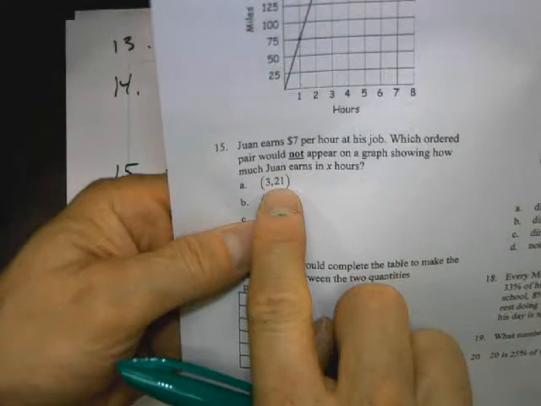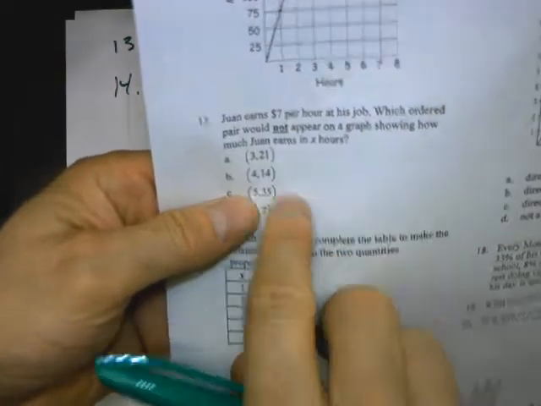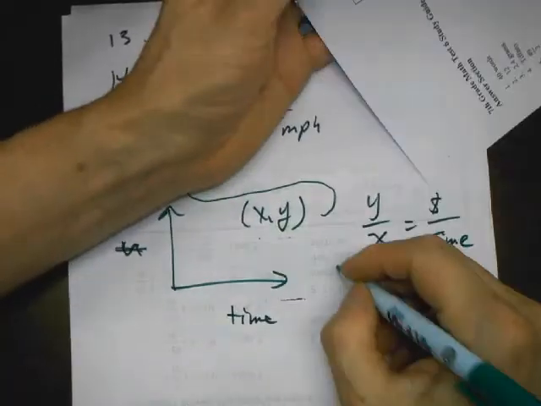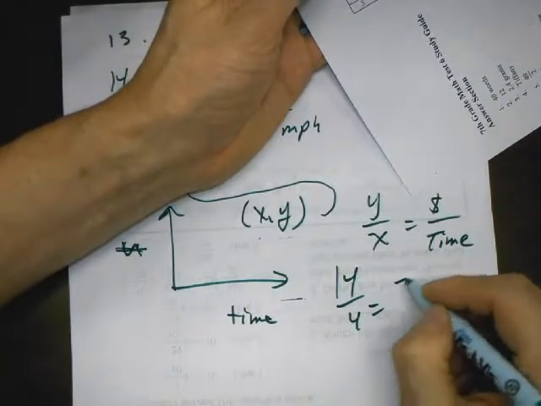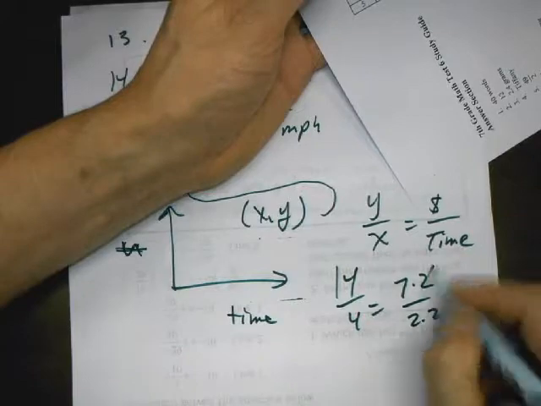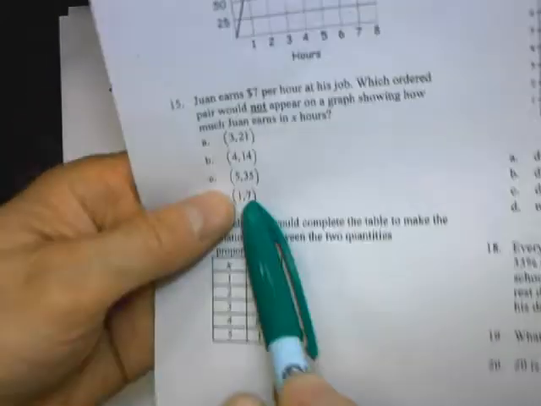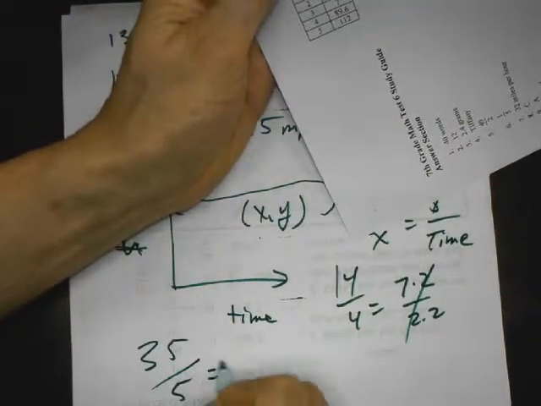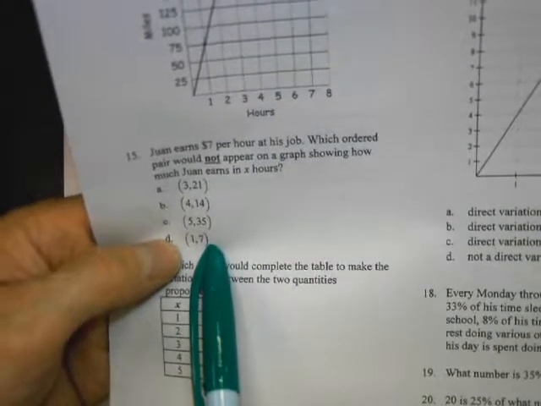If I'm looking at 21 over 3, that's 7. 14 over 4, let's think about that. Let's reduce that. That's not 7. 35 over 5, well, 35 divided by 5, that's 7. And 7 over 1 is obviously 7. So the only one that wouldn't work would be B.